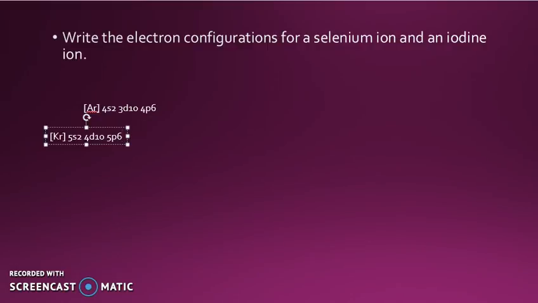If it's a main group element, then it will just lose all of its valence electrons. If it's a nonmetal, then it's going to gain enough electrons to completely fill that outer S and P sublevel. The S will always be filled already, and then you just need to get the P sublevel up to 6 electrons.